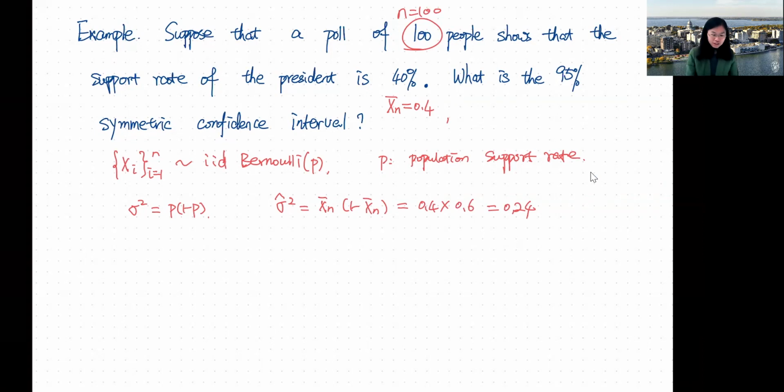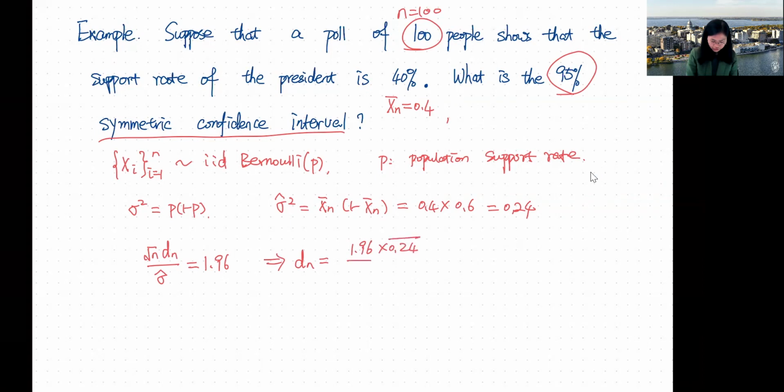Using all this information, we can come up with a symmetric confidence interval. We know for this case, root n dn over sigma hat will be equal to 1.96, which is the z-score corresponding to the 95% confidence level. And therefore, dn will be equal to 1.96 times square root of 0.24 divided by 10, which is square root n.